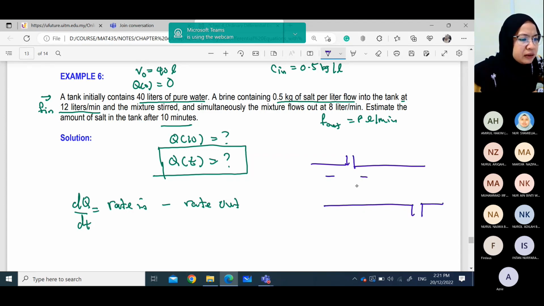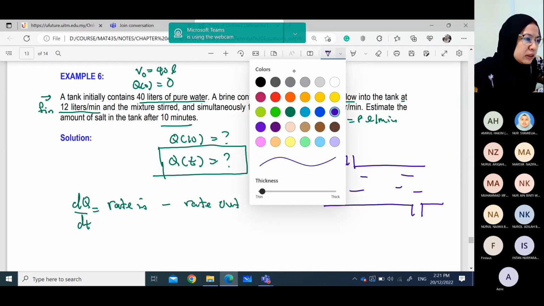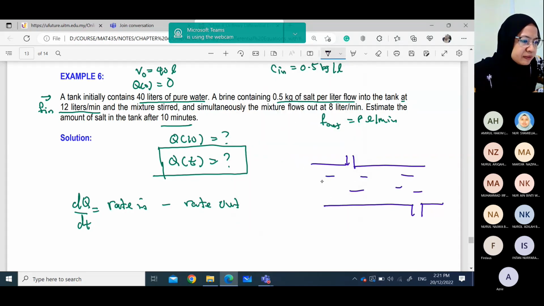Okay, so dalam tangki ni ada pure water. So the volume of this pure water is 40 liter, and there is no any substance. So we can say that Q at T equal to 0 is 0. Okay, so flow in dekat sini.